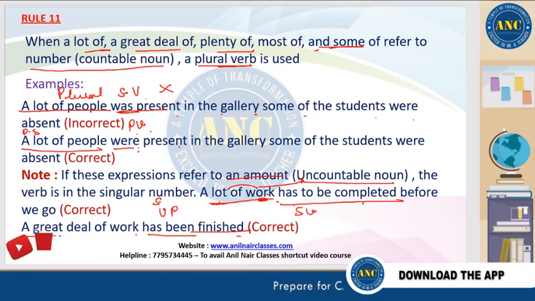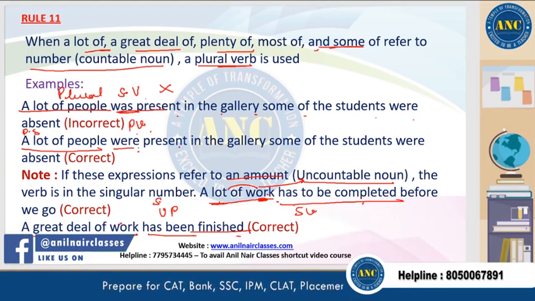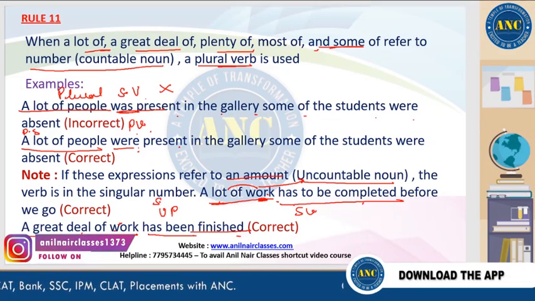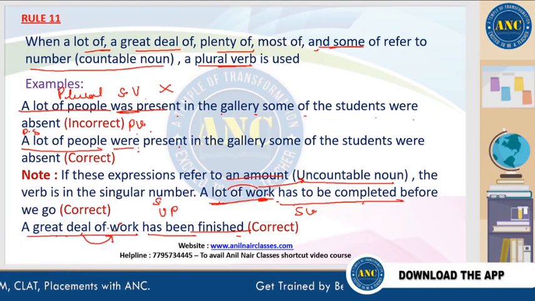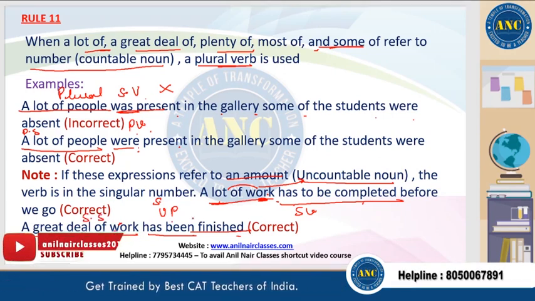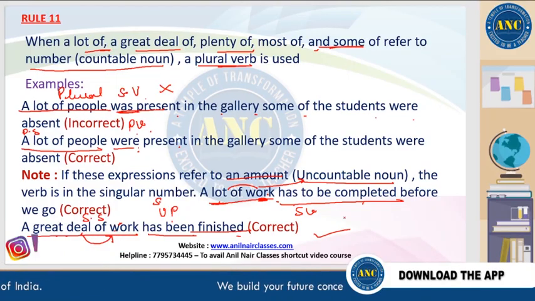What has been finished? A great deal of work. Now this work is uncountable, which is always singular. A great deal of what? Work. Work is uncountable and it is singular. So we are using it as a singular subject, and the singular form of the verb is perfectly fine. Clear? Understand the concept. It will become pretty simple for you to get these questions correct.